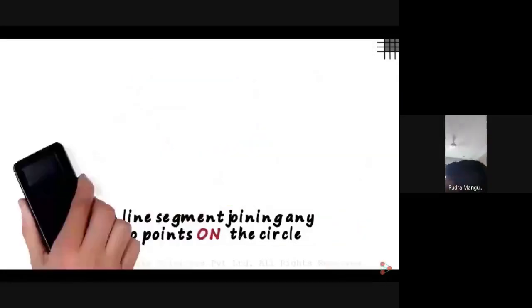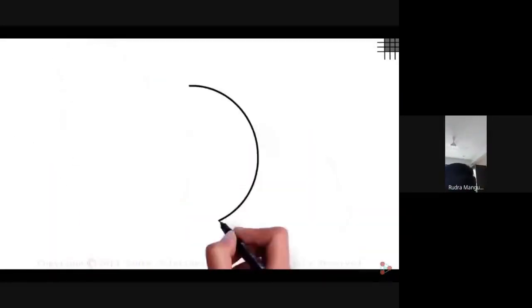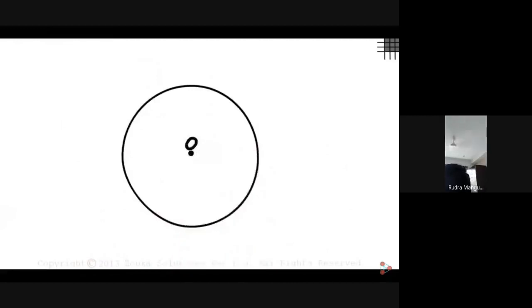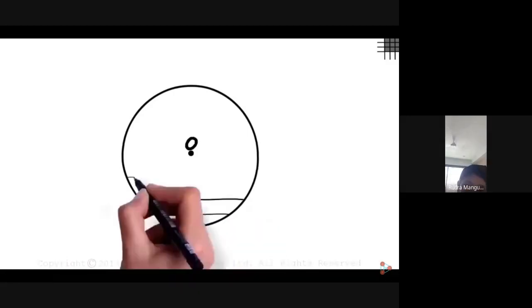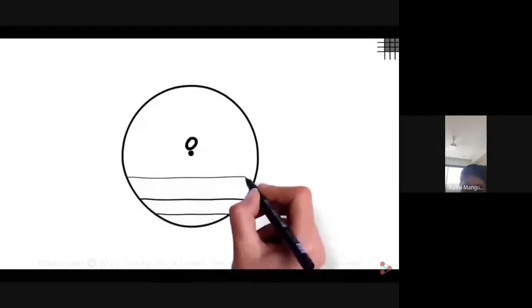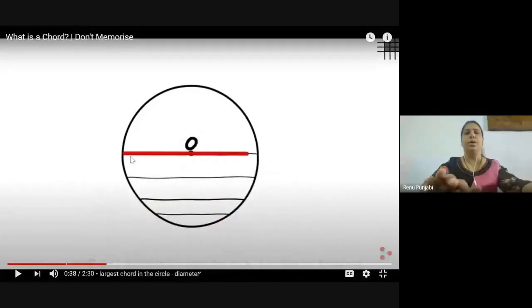Let's experiment a bit with chords of this circle with center O. To understand an interesting concept, we start drawing horizontal chords from the bottom. First chord, second, third, and this is the fourth chord. Children, this fourth chord is also known as what?